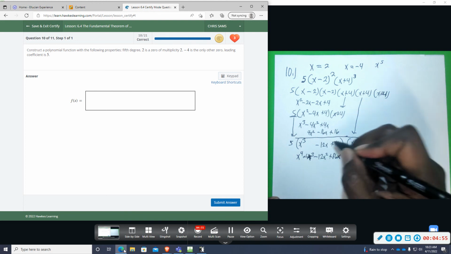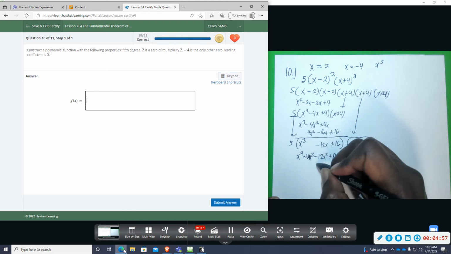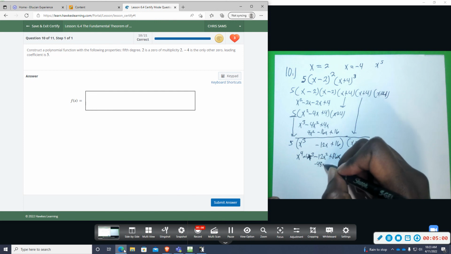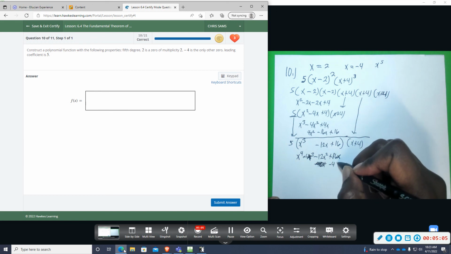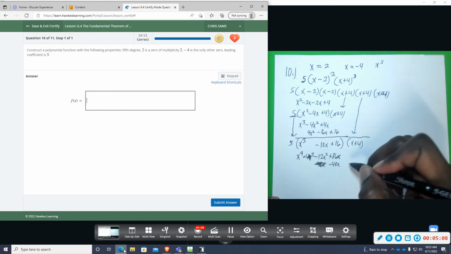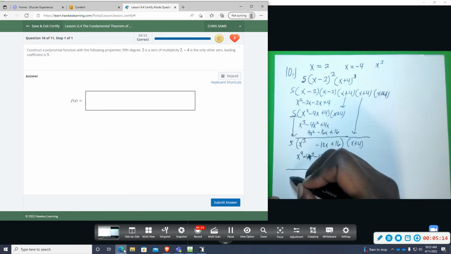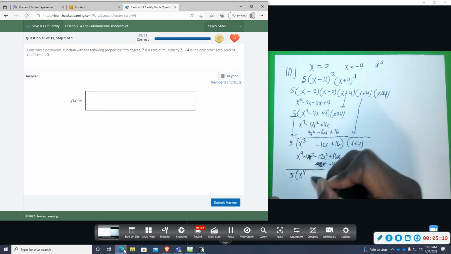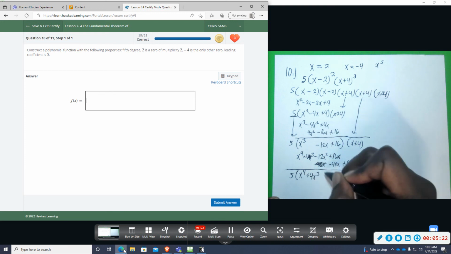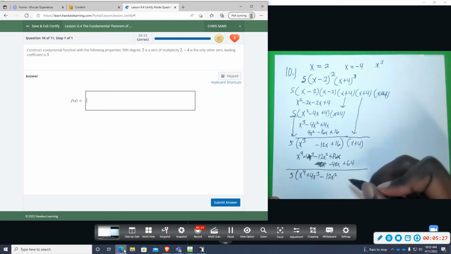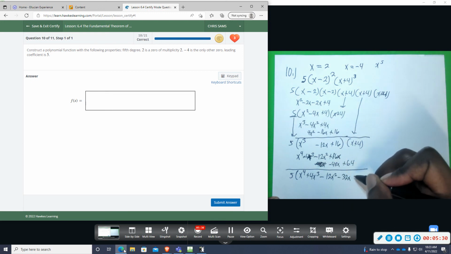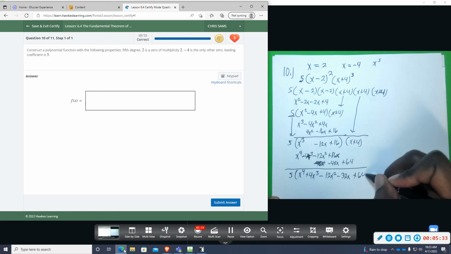And then 4 times the negative 12, it's going to be a negative 48x, negative 48x, not squared, negative 48x, and then 4 times 16, positive 64. All right, so bring this down. I have 5 times, this is x to the 4th, plus 4x to the 3rd, minus 12x squared. This will combine and give me negative 32x plus 64.